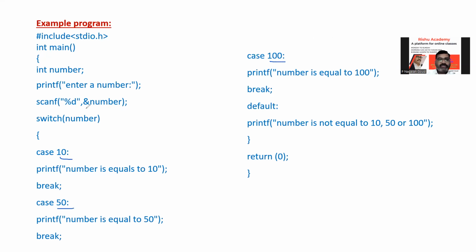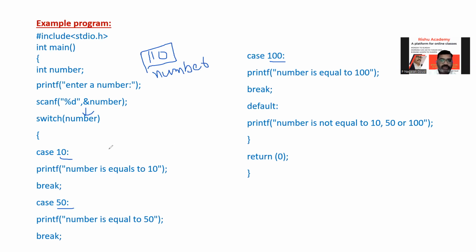So what is the switch variable here? Number. The switch variable is number. So assume that the user entered 110. The number variable has the value 110. Now I need to compare this with the case values.